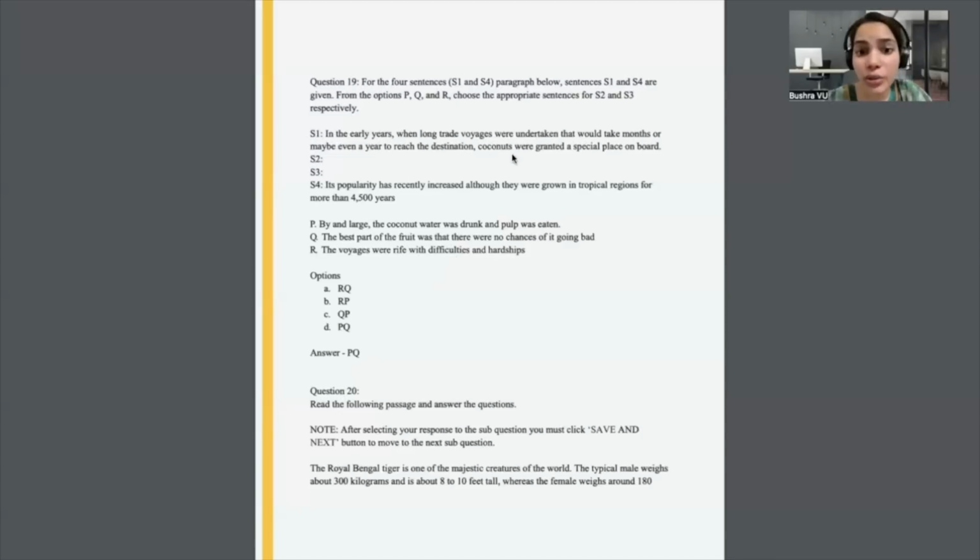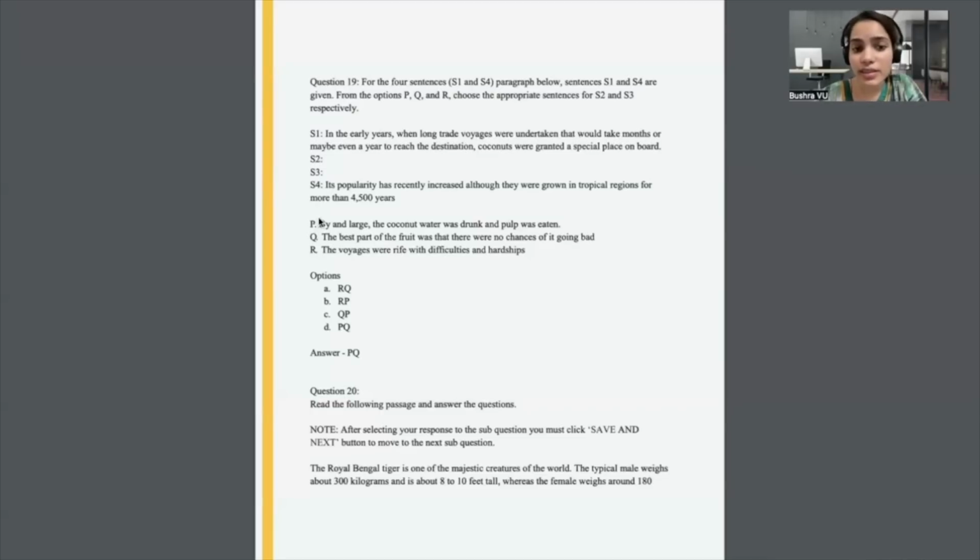Okay, here we're talking about coconuts. So out of PQR, if you see, P and Q are talking about coconut, but Q starts the sentence with The. The here becomes the pronoun, right? Technically here we're starting it with a pronoun. The becomes the article, but it also is here the pronoun of the fruit, right?